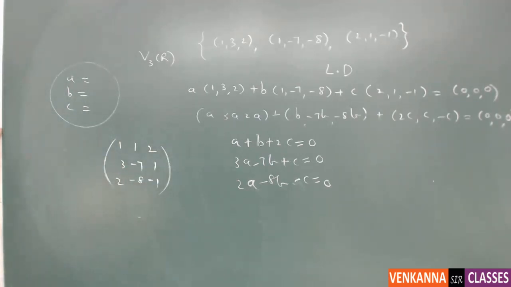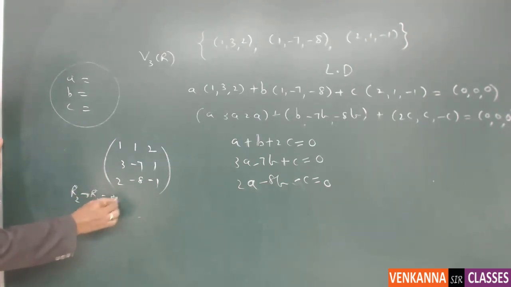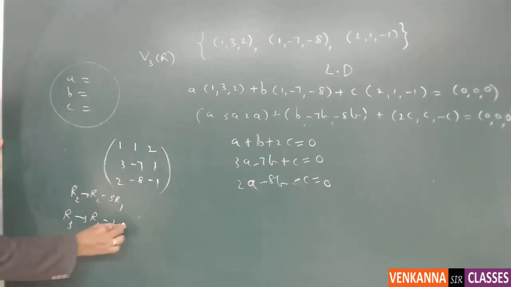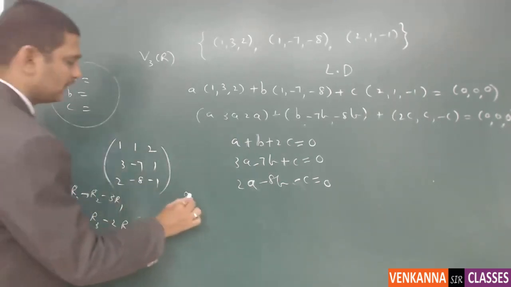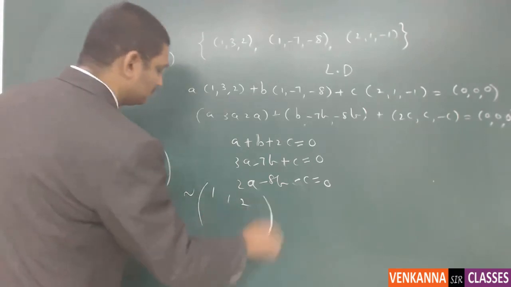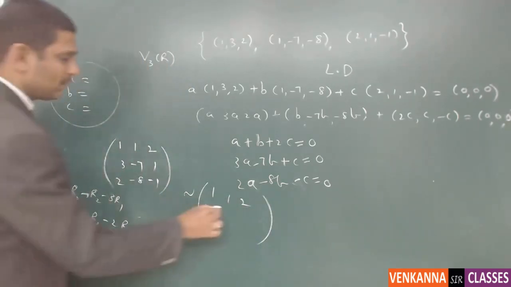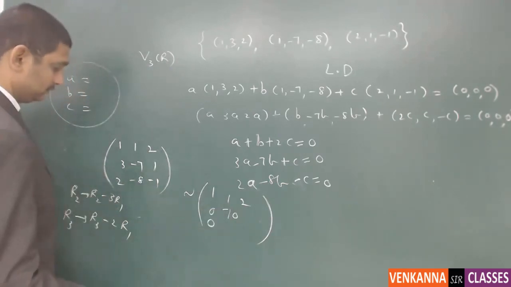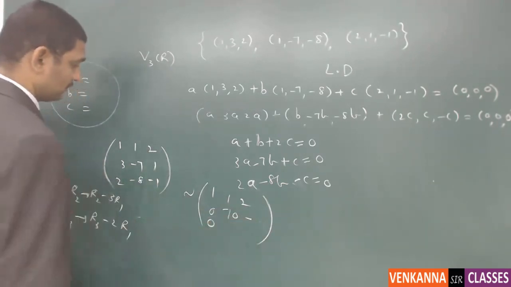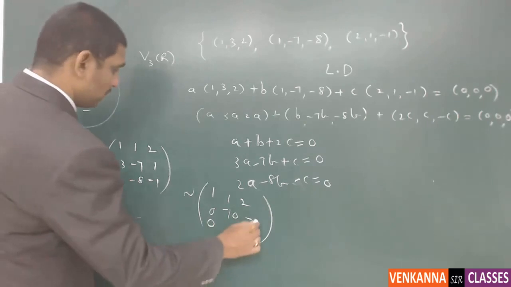So if you apply the row operations, R2 tends to R2 minus 3R1, R3 tends to R3 minus 2R1, will be equivalent to 1, 1, 2, 0, 0. R2 minus 3R1, so minus 10, minus 5.